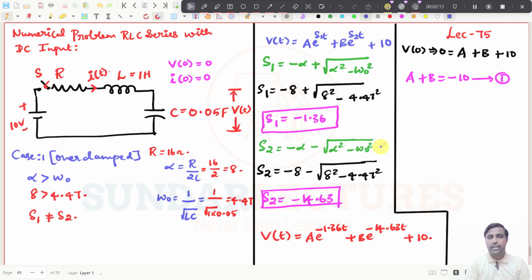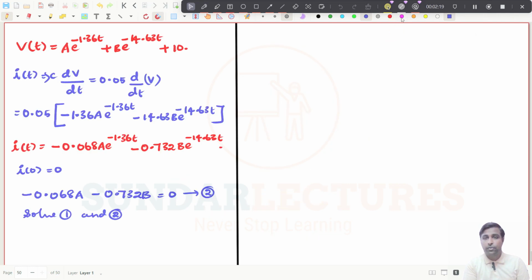Solve expression number 1 and then 2. I have already got expression number 1, and if you simplify these two expressions, you just directly put it in the calculator, you will get the answers. So a value I am getting to be minus 11.02, and then b value I am getting to be 1.02. That's all.